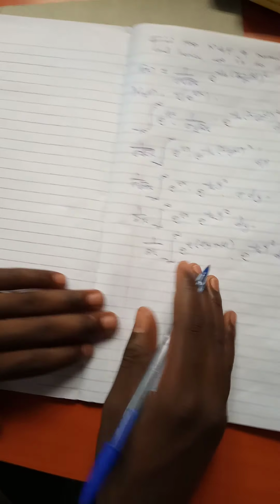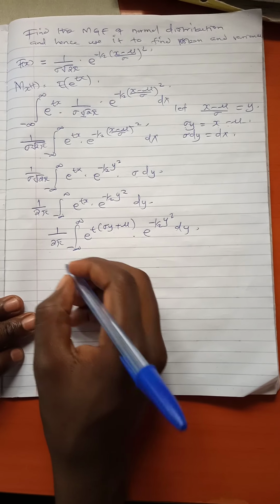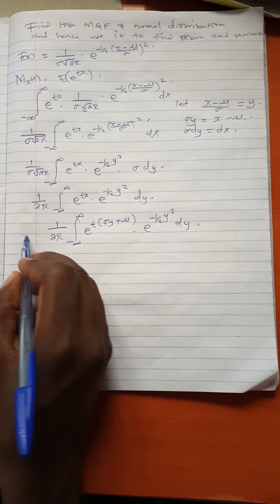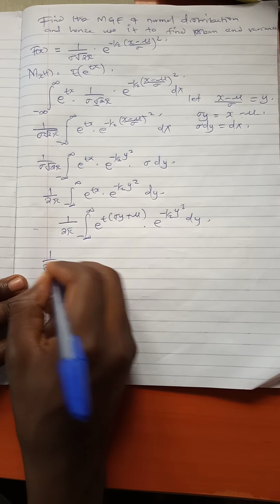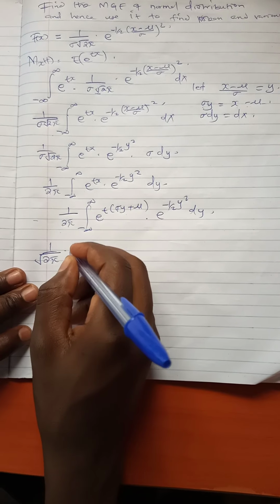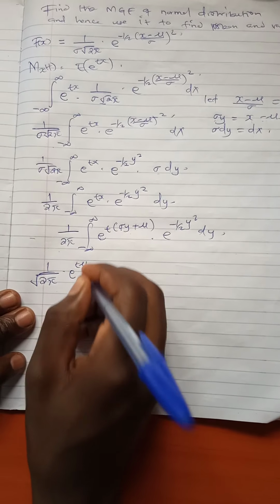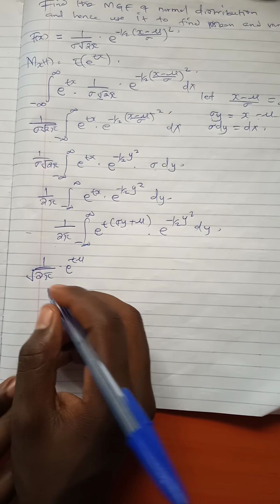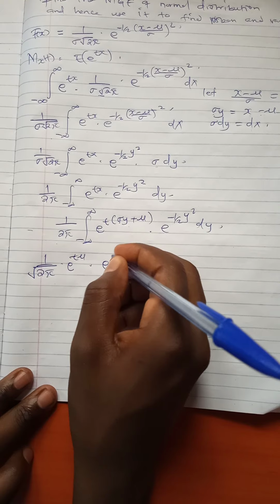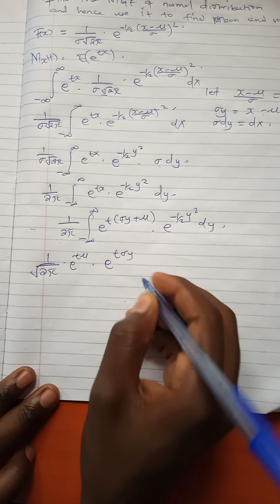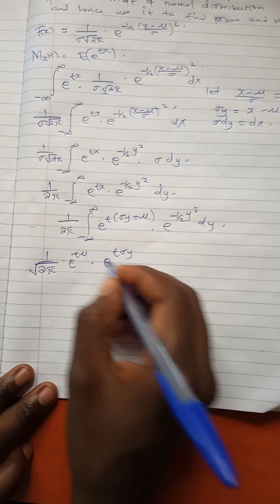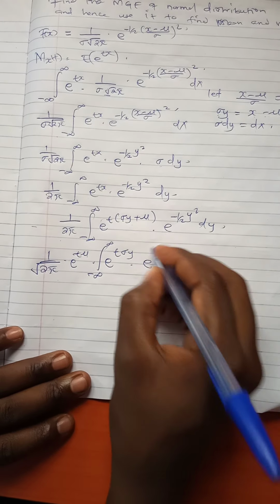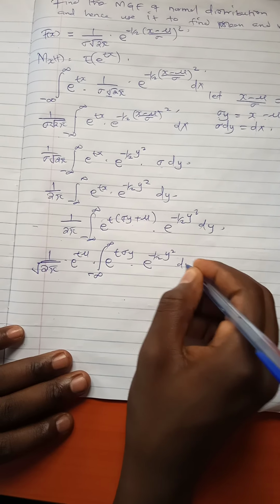So at this particular point we are going to open this bracket, so that we have this times this. e^(t mu) is a constant, so it will come outside. So we have 1 over root 2 pi times that constant, e^(t mu). When you open that bracket, it will be e^(t sigma y), integrated from negative infinity to infinity times e to the negative a half y squared dy.